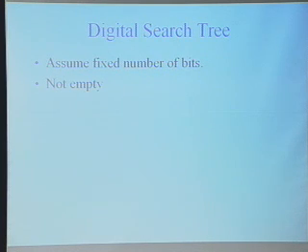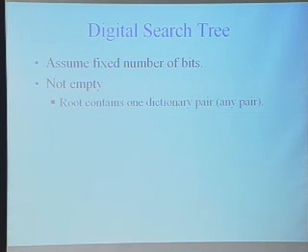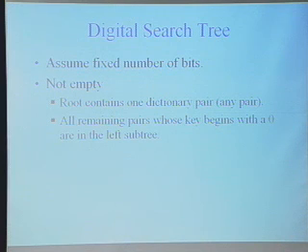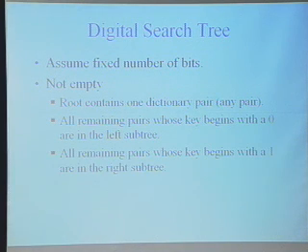All right, so in a digital search tree, it's a search tree, and if it's not empty, then one of the pairs of a dictionary resides in the root. You can place any one you like out there. And the remaining ones get partitioned into the left and right subtree depending upon their first bit. So if the first bit is a 0, then those pairs will be in the left subtree. And if the first bit is a 1, they will go into the right subtree.